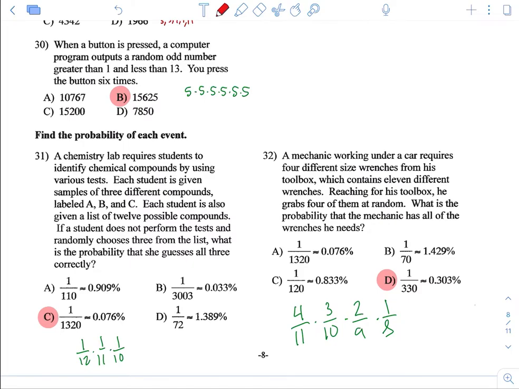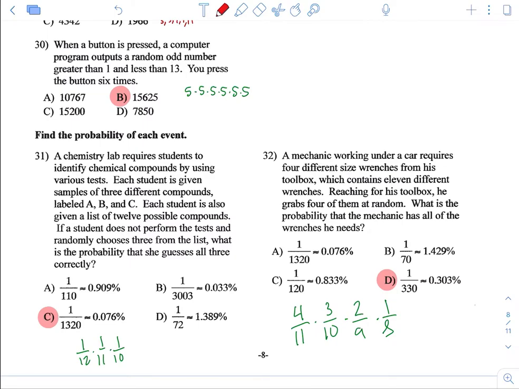Multiply all those together and you get 1 over 1,320 for C. So remember, if you actually divide that, I think that's going to be like 0.00076, but remember, to get it to a percentage, you've got to move the decimal place over 2 to the right.